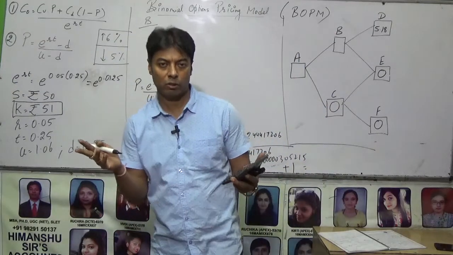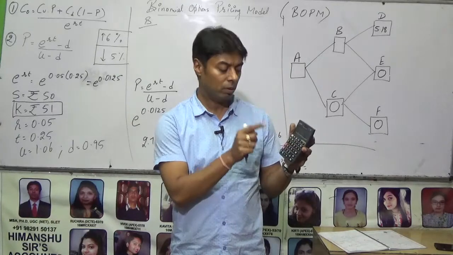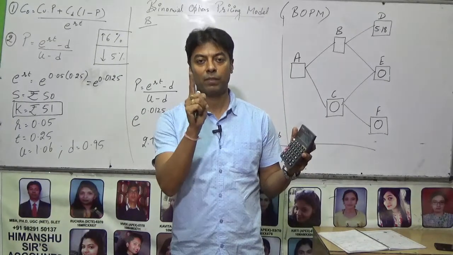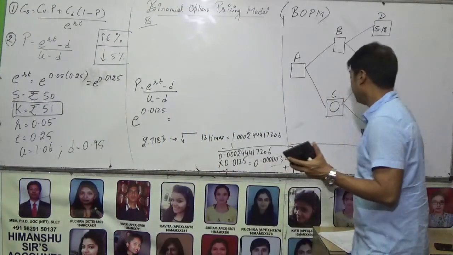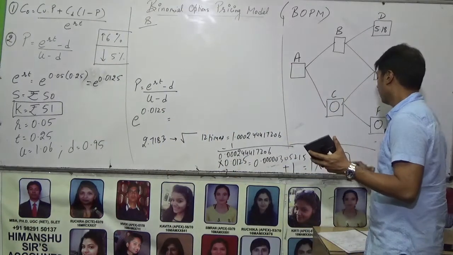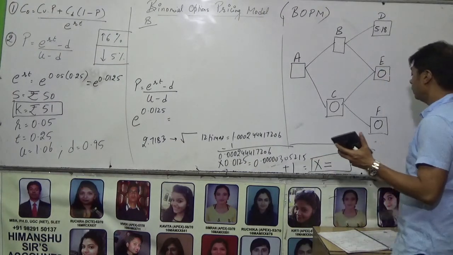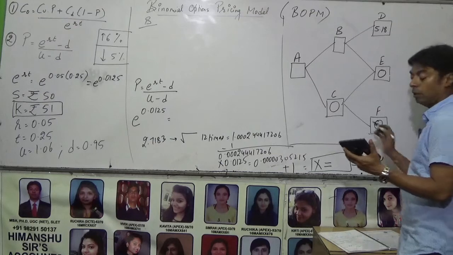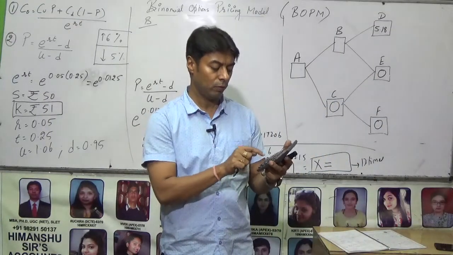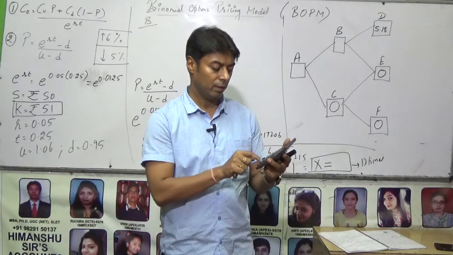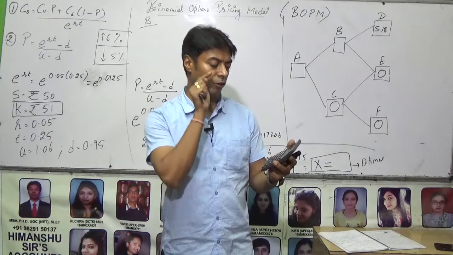Now since we have done the square root 12 times, now we have to square it up 12 times. So how to square it up 12 times? You have to press into is equal to. That is the first round. And you have to repeat this whole function 12 times. So I have done 1. Now next 2, 3, 4, 5, 6, 7, 8, 9, 10, 11 and 12.